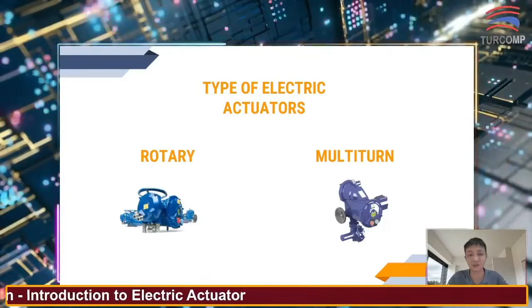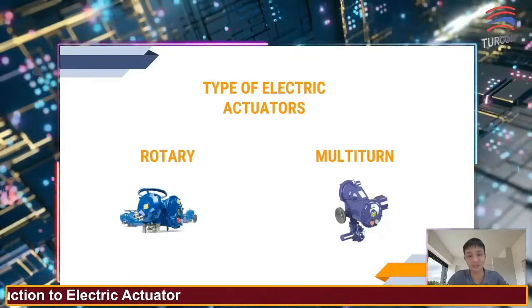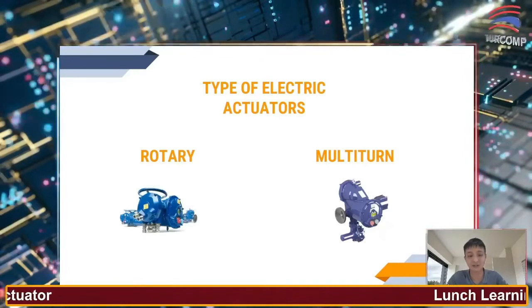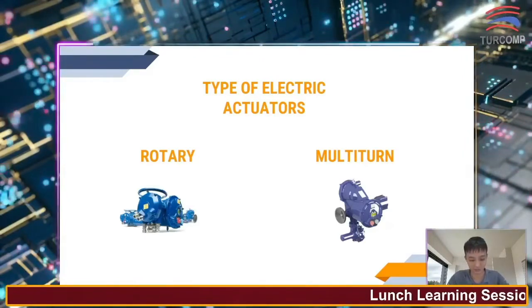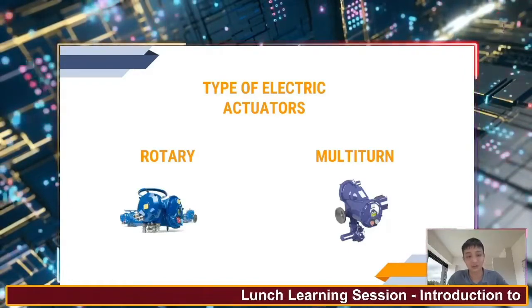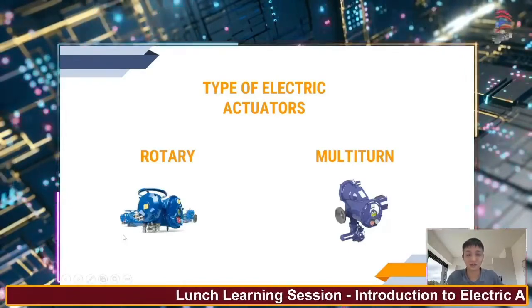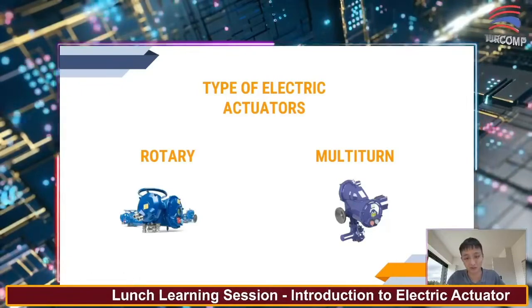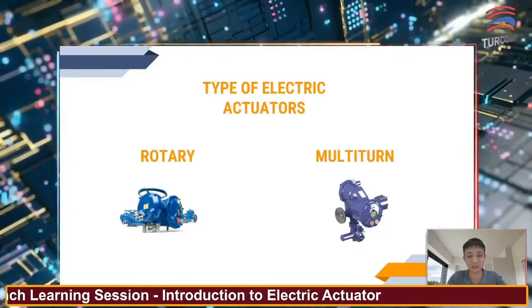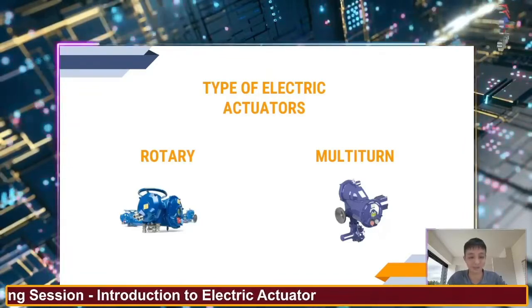So it's mainly used for rotary valves, for example ball valves and butterfly valves. These valves are all considered rotary, meaning they only rotate 90 degrees or to a certain range of degrees defined by the user.